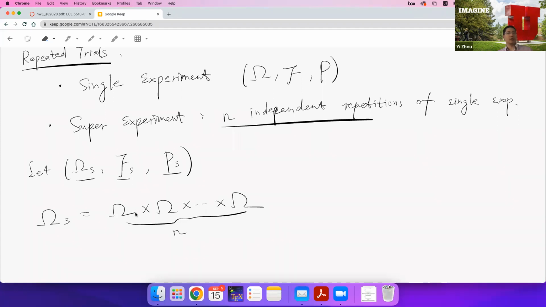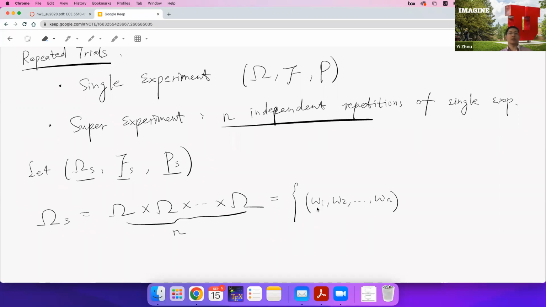We can just collect the outcome space for each single experiment and concatenate them together. So mathematically, each outcome in this super experiment is the collection of outcomes from the repeated single experiments.